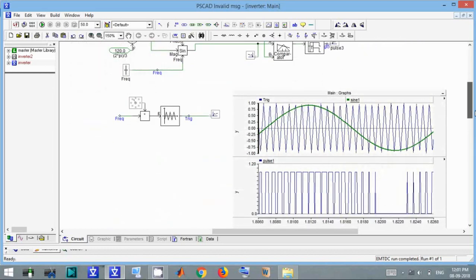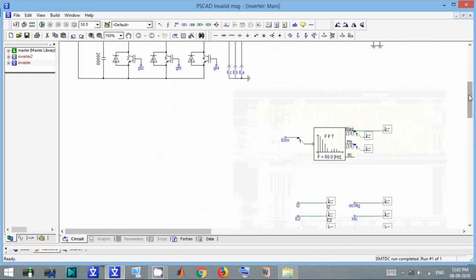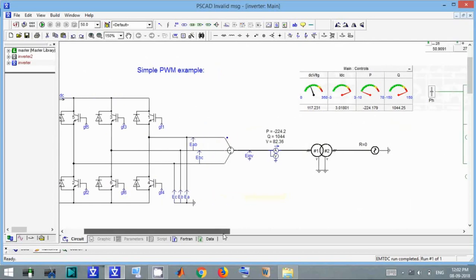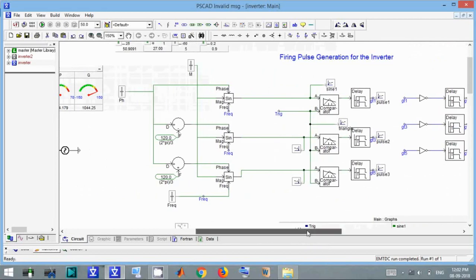This is the modulated pulse, which is given to IGBT 1. IGBT 1 and 4 cannot be energized at the same instant as a short circuit may happen.